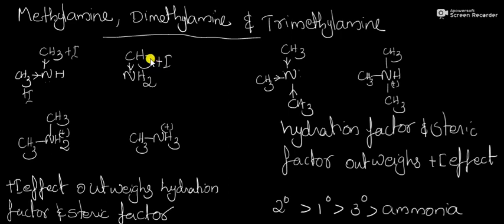Then what is the case of dimethylamine? Here there are 2 methyl groups, that is 2 plus I effect substituents. Hence the electron density on the nitrogen atom will be greater than in methylamine. This favors greater basicity of dimethylamine.